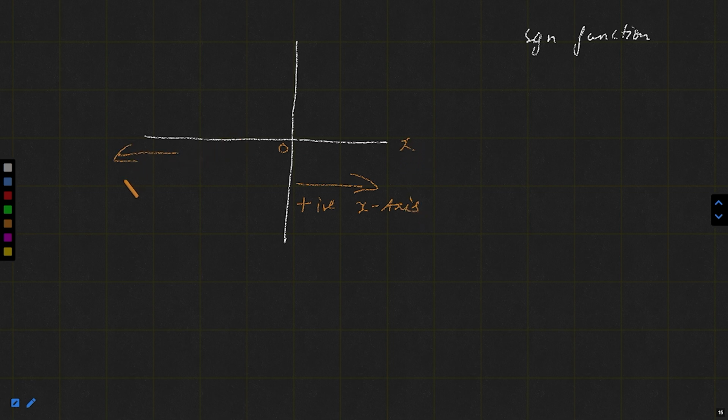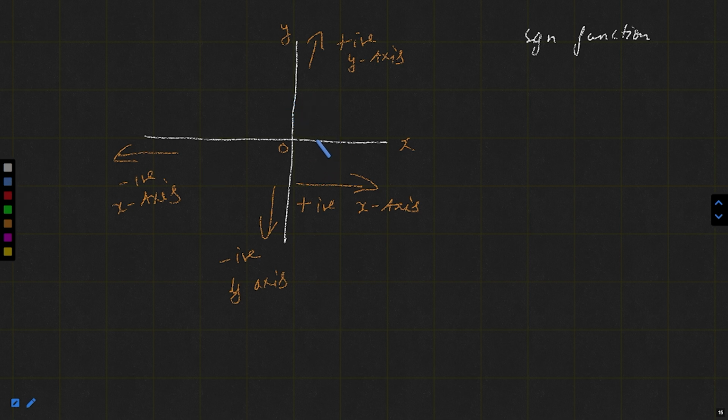This is my negative x-axis. Okay, this is my positive y-axis, and this is my negative y-axis. Okay, let's draw.